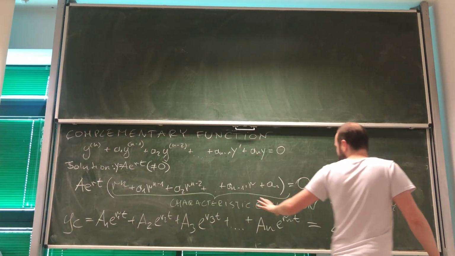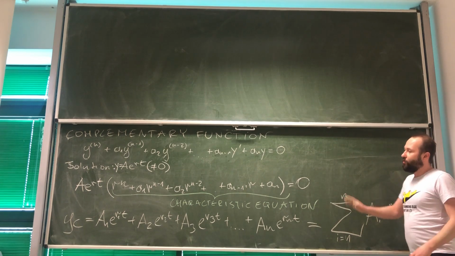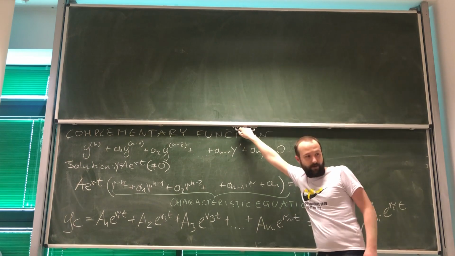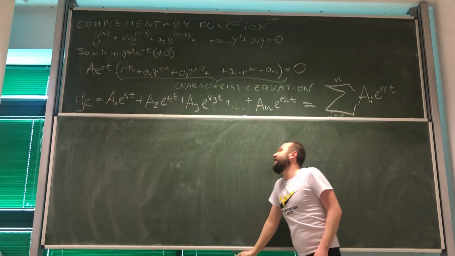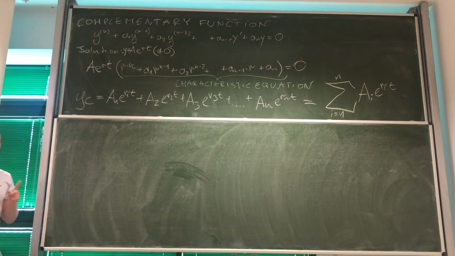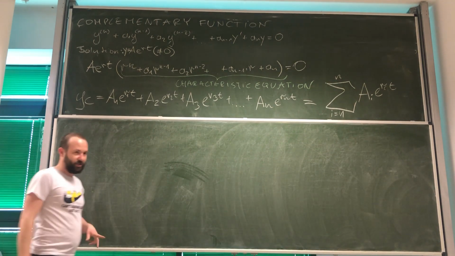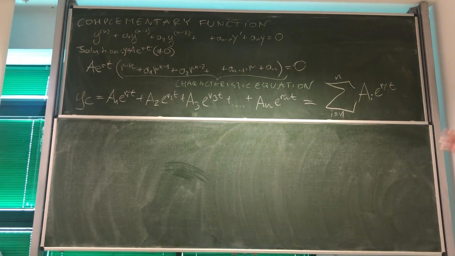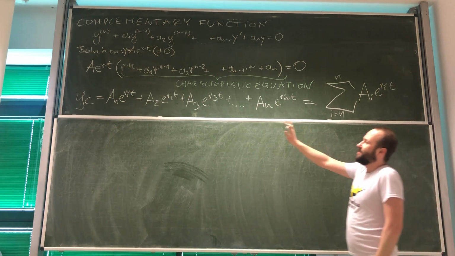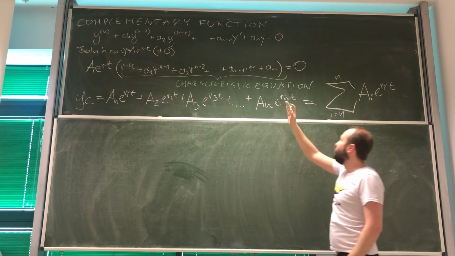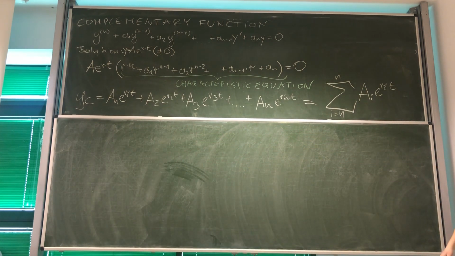Okay, so we know how we deal with the case of the complementary function. However, there are some things we should definitely take into consideration. Look, I kind of implicitly assumed that those roots are distinct real roots.